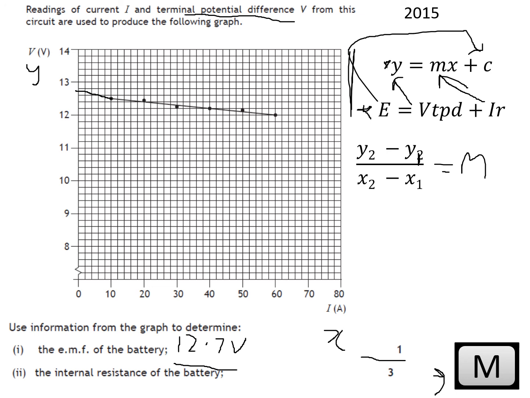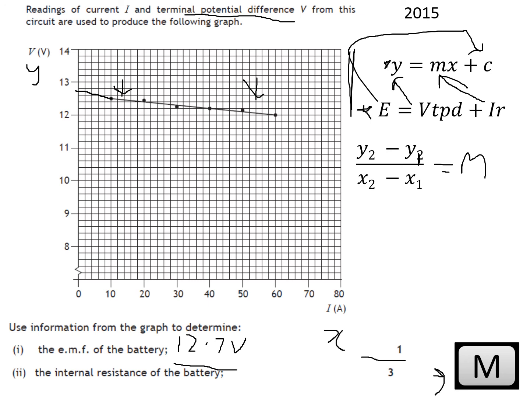Whenever you're asked to work out the gradient of a graph, you always try and pick 2 points that are far apart. So preferably say at this end here and say this end here. You never pick a point that you plotted, so you would never pick these points that are on the graph already. And that's how you would do your gradient.